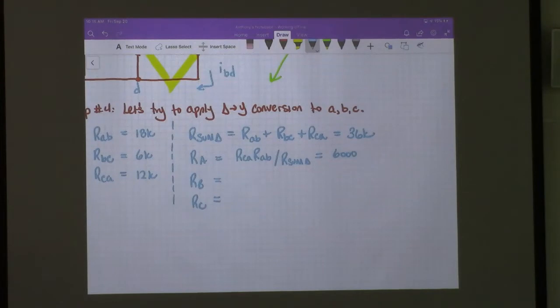For the next one, you have RAB, RBC over R sum delta. And the answer there is 3,000. And for this one, you have RCA, RBC over R sum delta. And the answer is 2,000. Okay? Those are just plugging in the values that we know.